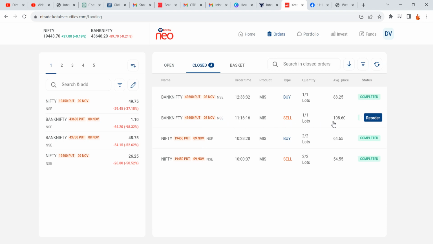I have entered at 108.60. If it is staying above my level, these 108 points will be mine. Okay, this is the expiry day trading for an option seller. I know that, but what happened? I had a stop loss at 88.25 at this point.